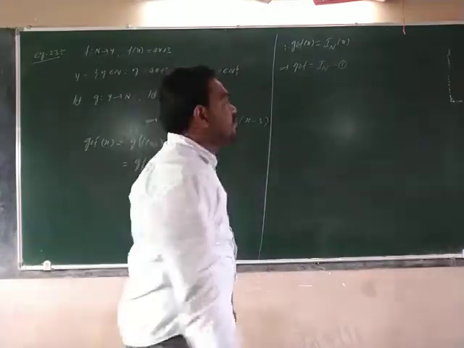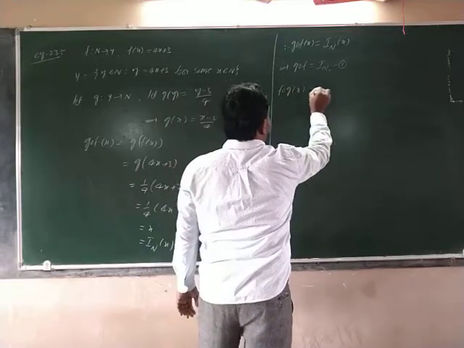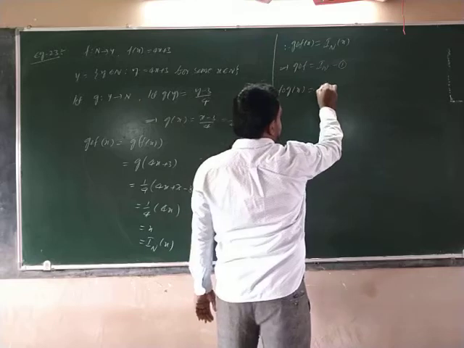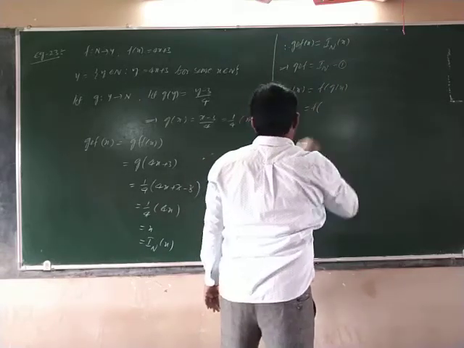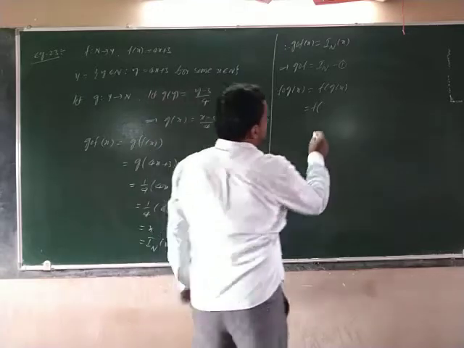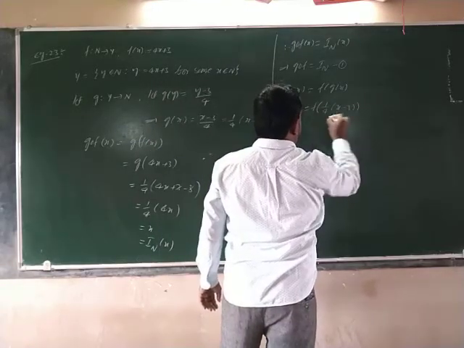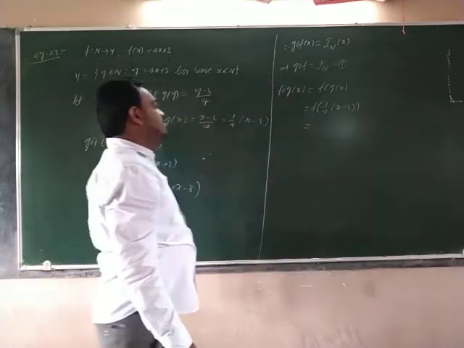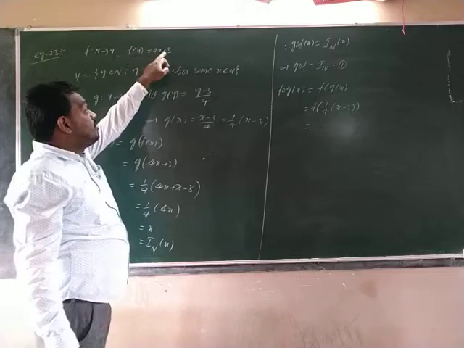Next you find f circle g of x. f circle g of x, that is f of g of x, is equal to what? f of 1 by 4 into (x minus 3), right? f of x is equal to 4x plus 3.